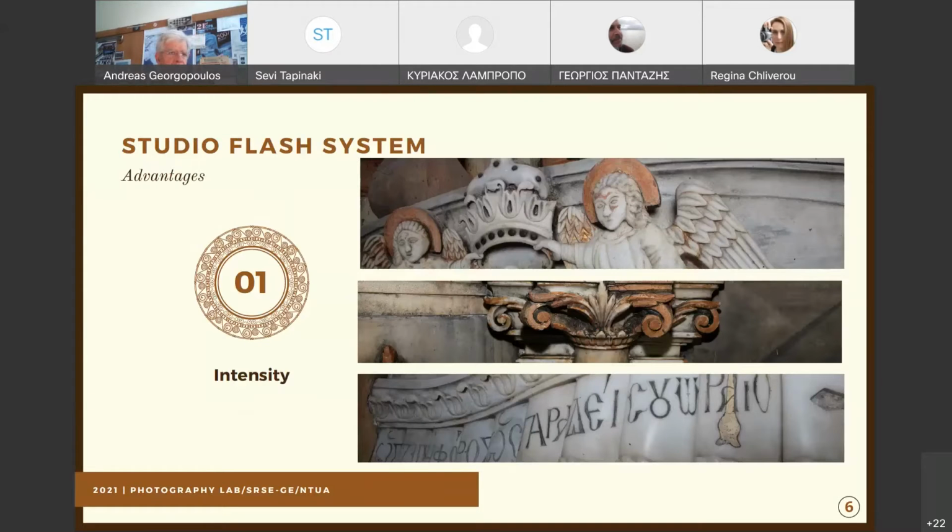Regarding the intensity, it was our first concern because we wanted to achieve absolute clarity while shooting the pictures. So, by using this kind of high luminance light source, we secured the use of the smaller aperture value for every lens we had at our disposal in order to achieve the largest depth of field.